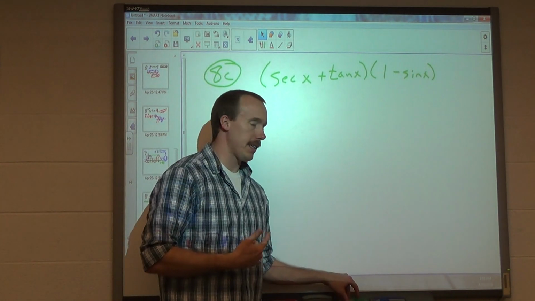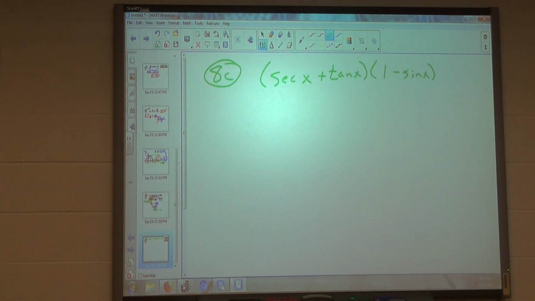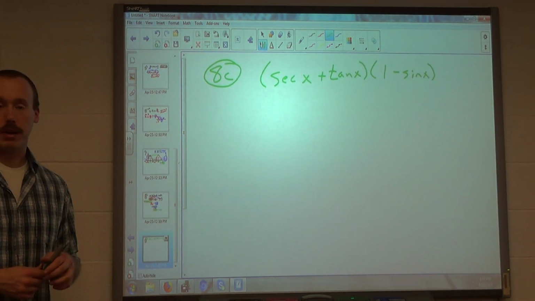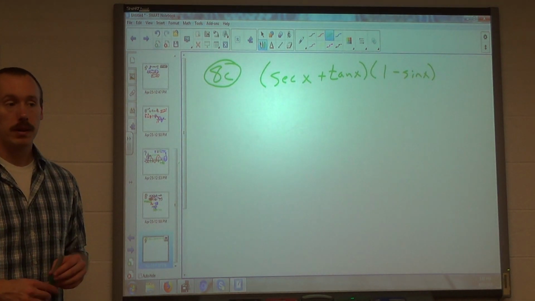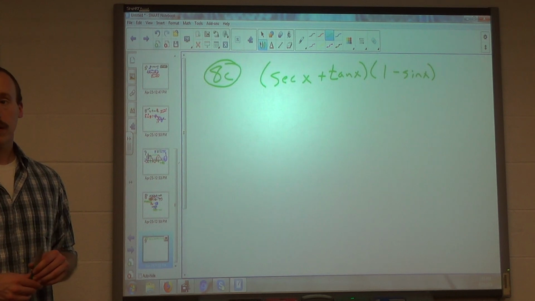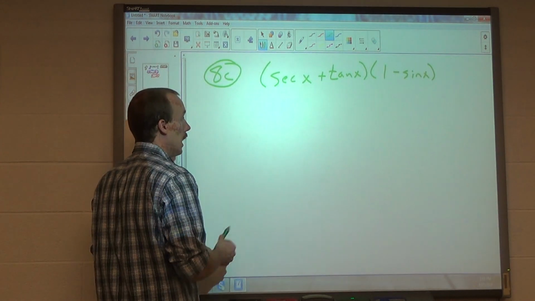Are there any identities that I can convert right away? Nothing is squared, so no identities. There are 2 steps I could do. One is convert everything to sines and cosines. What's another step? FOIL or distribute. It doesn't matter which one I do first.